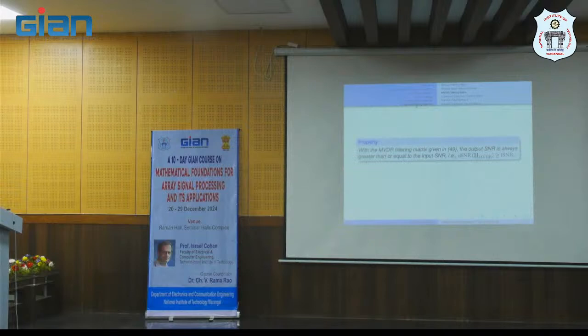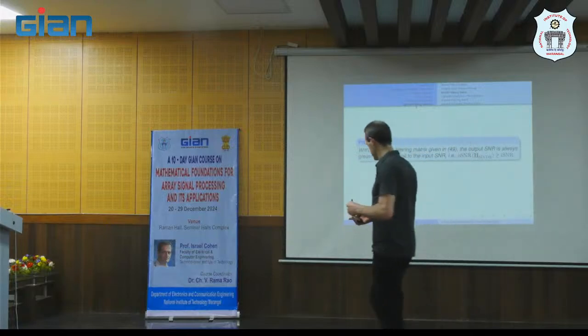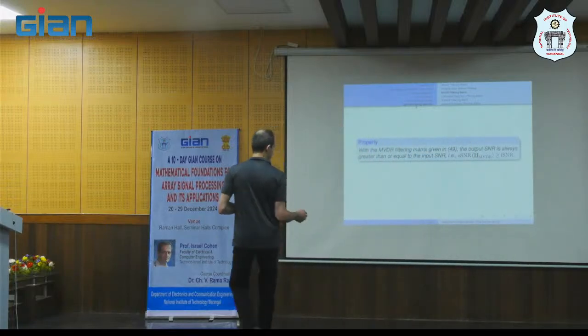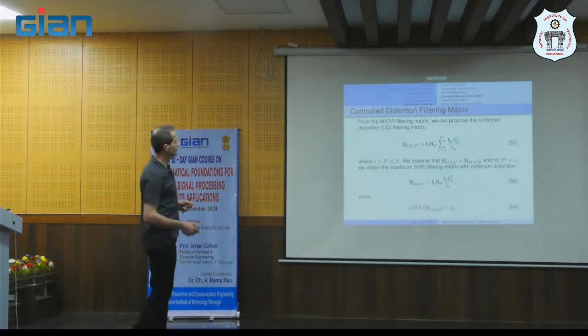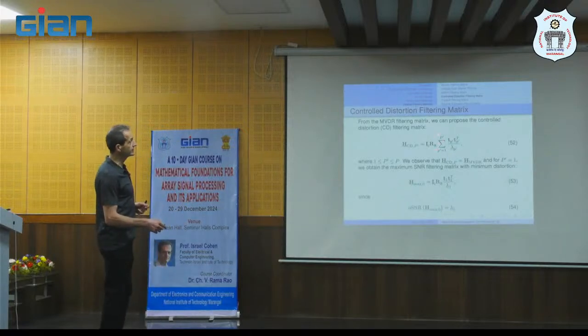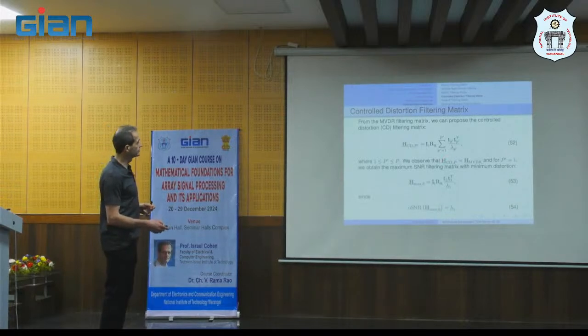We have only signal plus noise, so we cannot remove any noise using the MVDR if we don't have a noise-only subspace. Okay. The control distortion takes the summation up to P prime, which is smaller than P. Okay, and then we can control and so on.